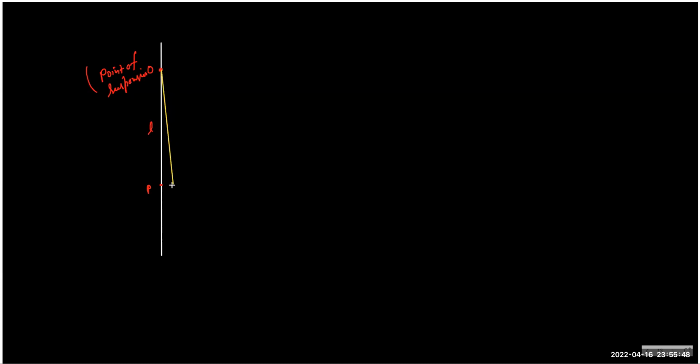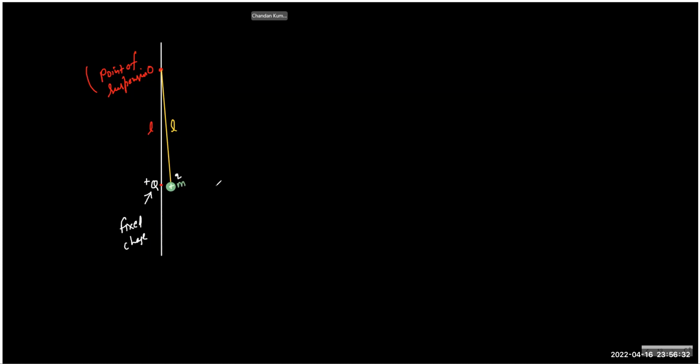We have a thread of length L, and mass is M. And this mass is given a charge.